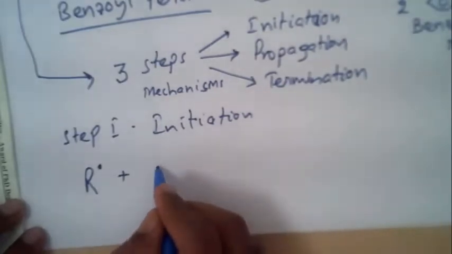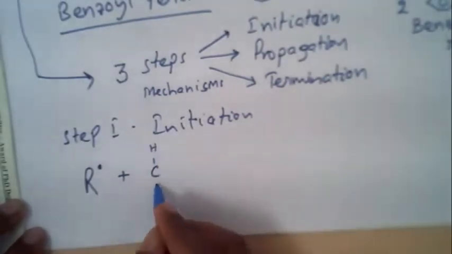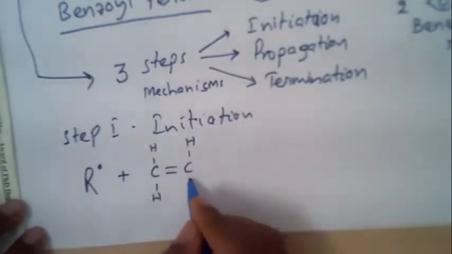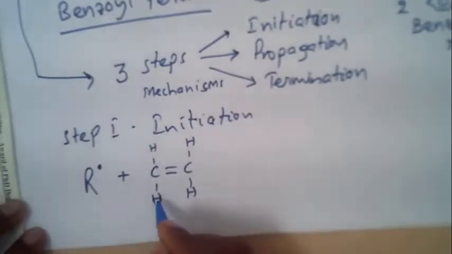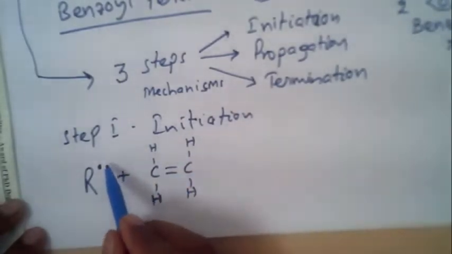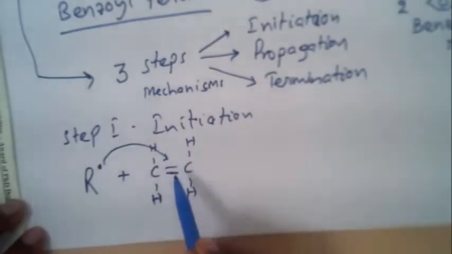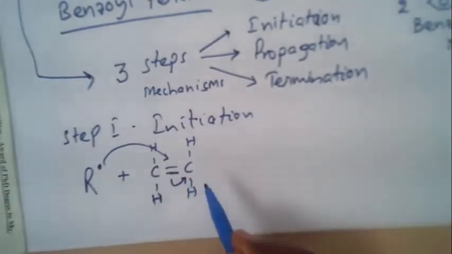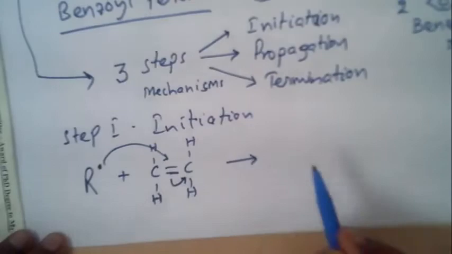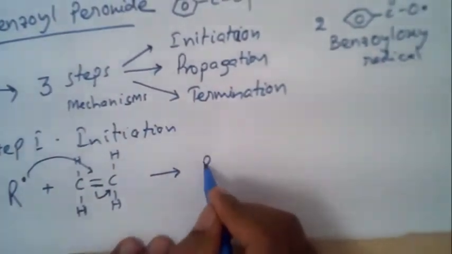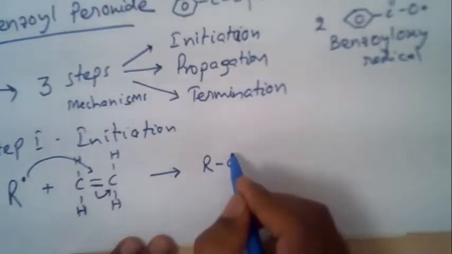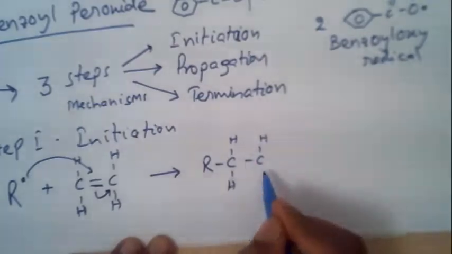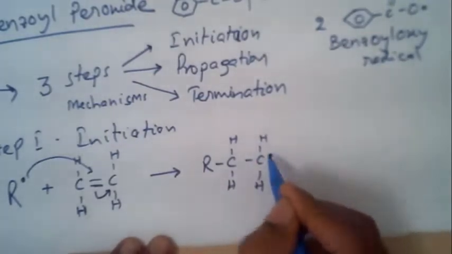When it reacts with this ethylene molecule, which has an unsaturated bond, it will attack this unsaturated bond, and now this bond will break and create a free radical, which will look like this.